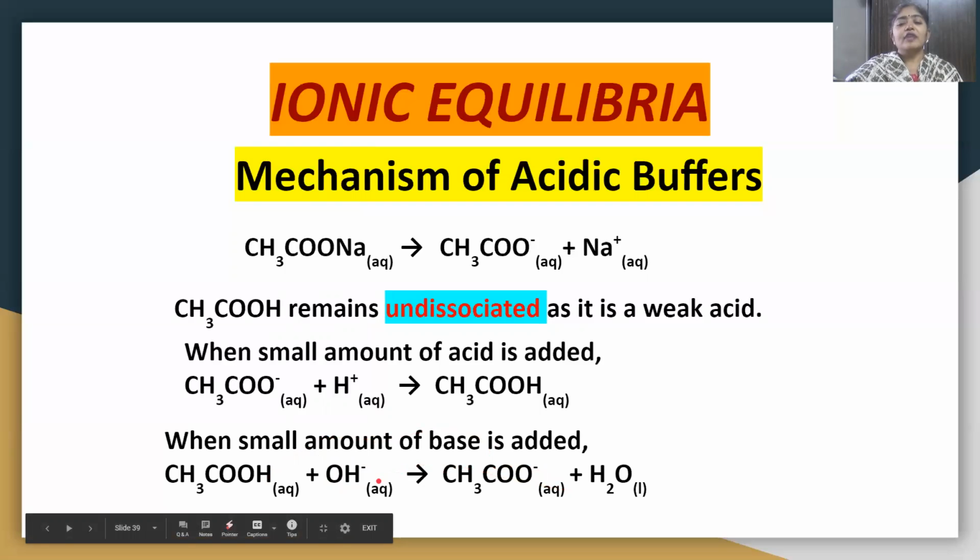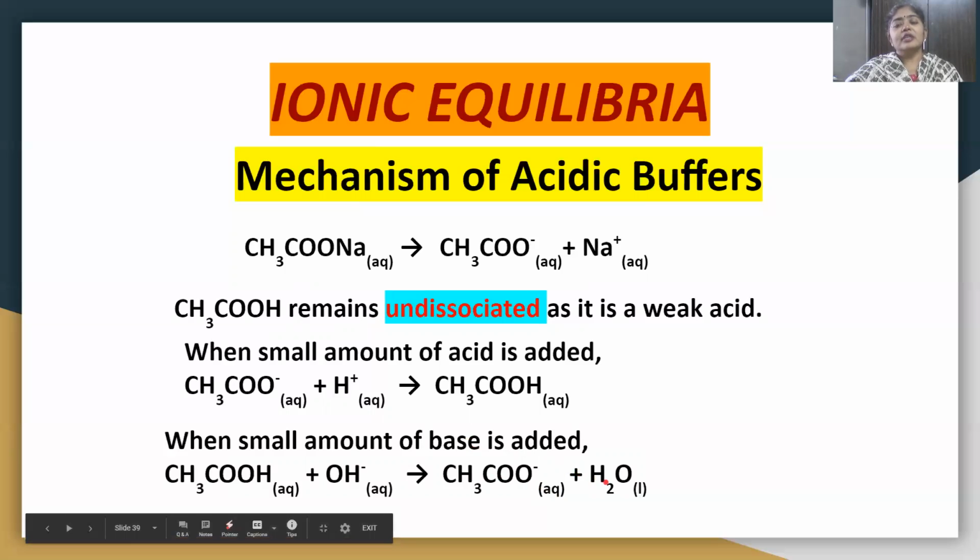That means whatever extra hydroxyl ions I add will be consumed, or neutralized, and converted into water. So the solution does not have an extra amount of hydroxyl ions. Whatever was there before will remain as it is, but there are no more hydroxyl ions from what I've added, because it is getting converted into water.